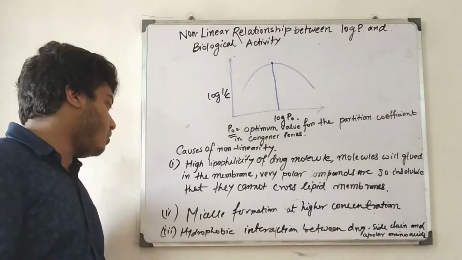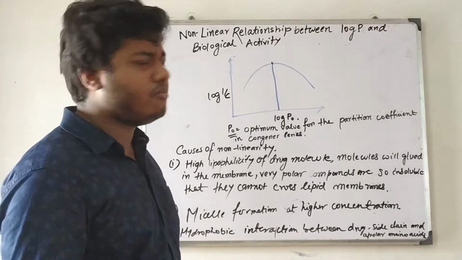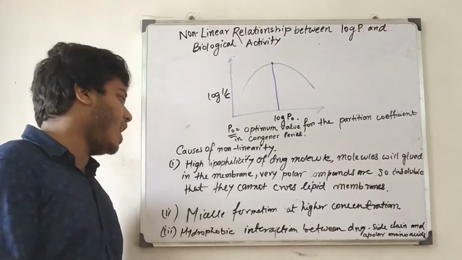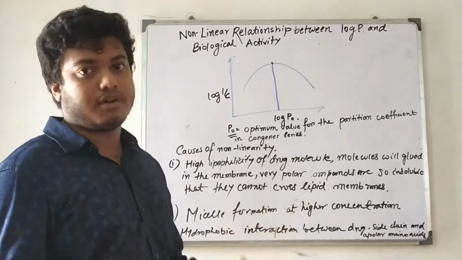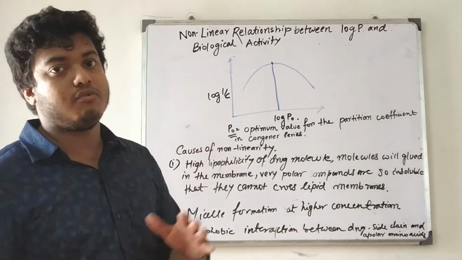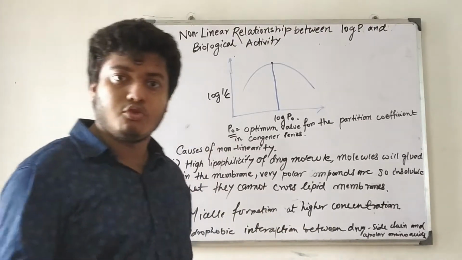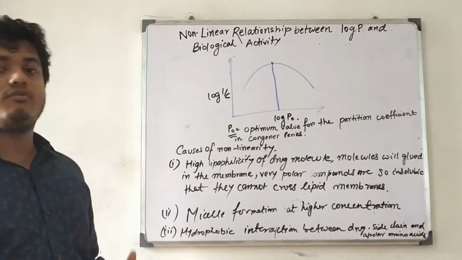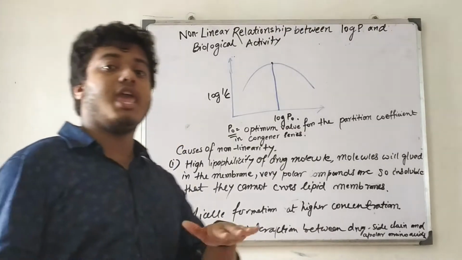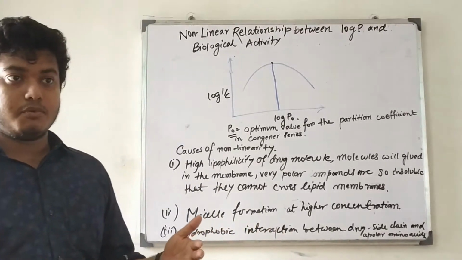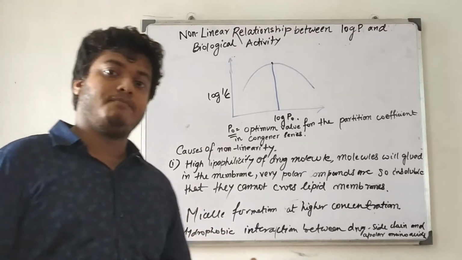Also, in the case of hydrophobic interaction, in some drugs we know there are hydrophobic interactions between the drug side chain, we have a particular pharmacophoric moiety, and along with that we have different substituent groups attached, and those hydrophobic substituents tend to interact with the apolar groups of particular amino acids.